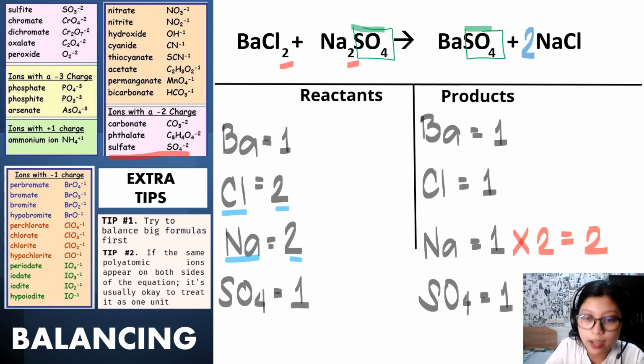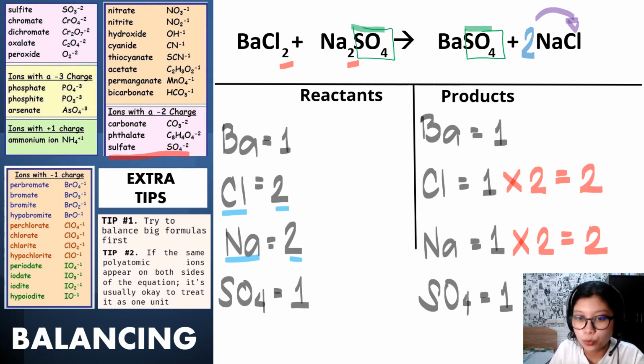And remember, NaCl is a compound, so this means that Cl is also affected. So what happens to Cl? Instead of only having one atom, we multiply it by 2 and we will have 2 atoms. So, is the chemical equation balanced?